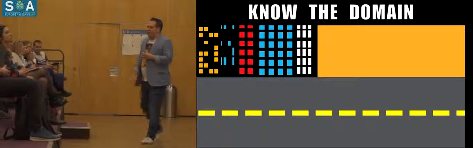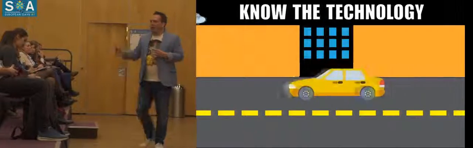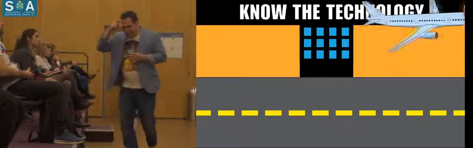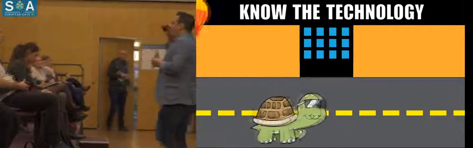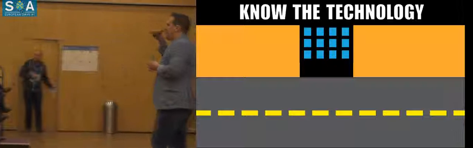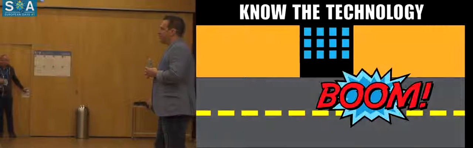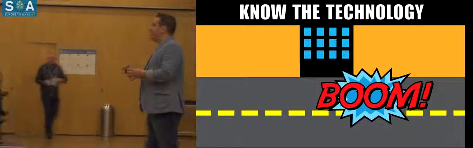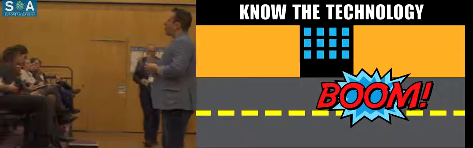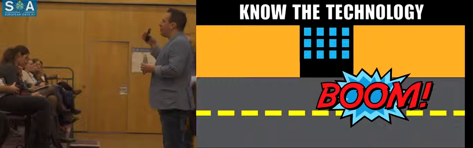Know the technology. Yep. I keep on hearing these days at conferences that from now on, we testers must be more technical. And I have to tell you, I disagree. Because we always should have been like that.